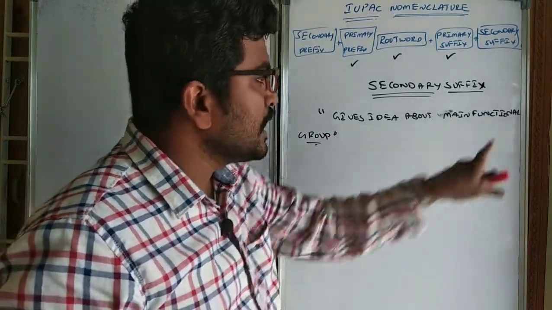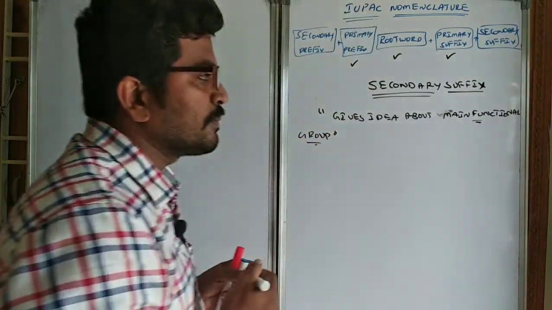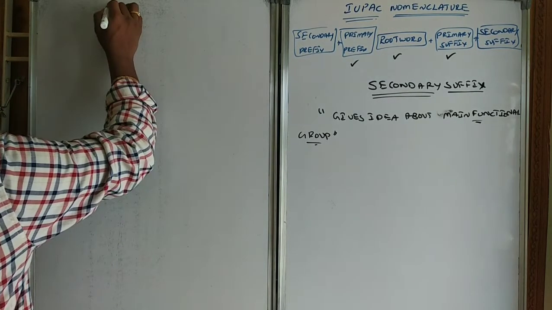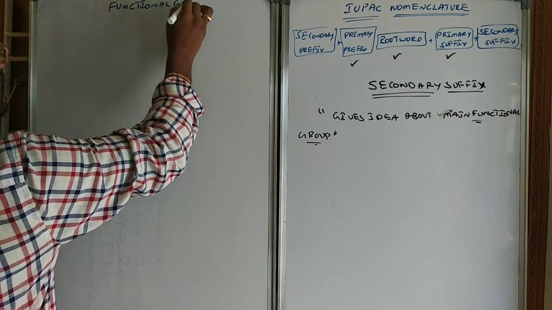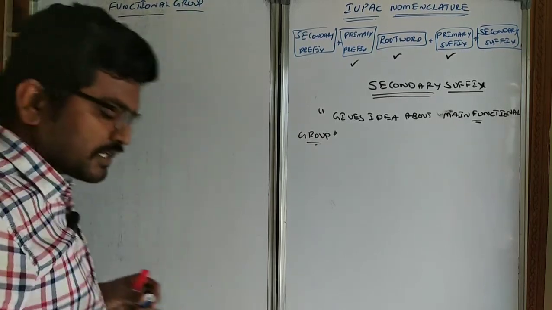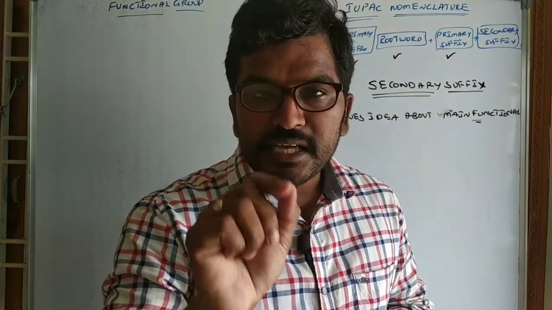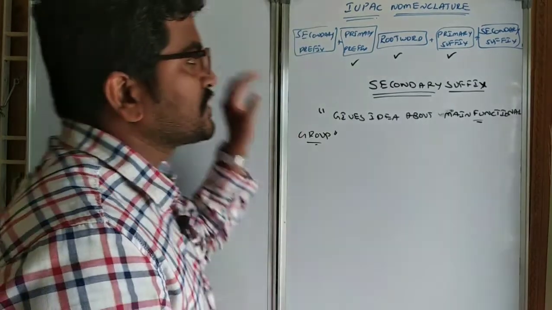So what is this main functional group? Let us see first what a functional group is. An atom or group of atoms that decides the nature of an organic compound is known as a functional group.